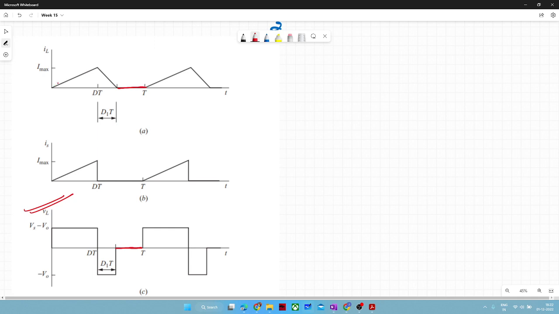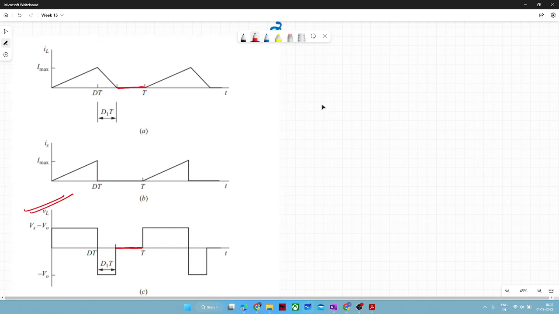So it is starting from zero, it is getting end up on zero and it is still zero for some finite duration. And that is sometimes not desirable.